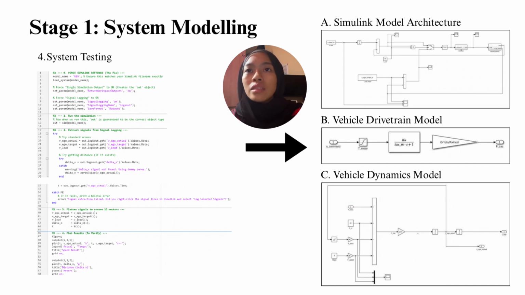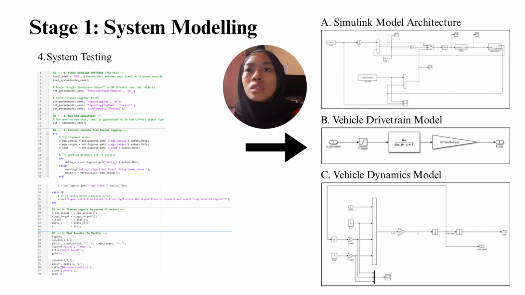The signal then enters a first-order transfer function, which simulates the transient response of the electric motor, introducing a time constant to represent the lag in electromagnetic torque build-up. Finally, a gain block converts this rotational motor torque into linear traction force by applying the transmission gear ratio and efficiency and dividing by the wheel radius.